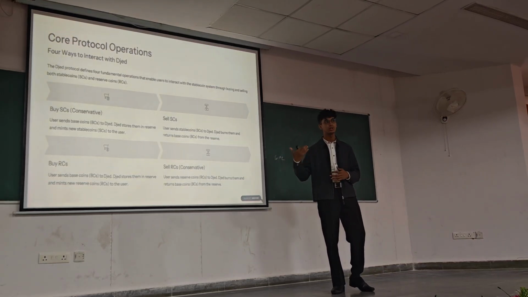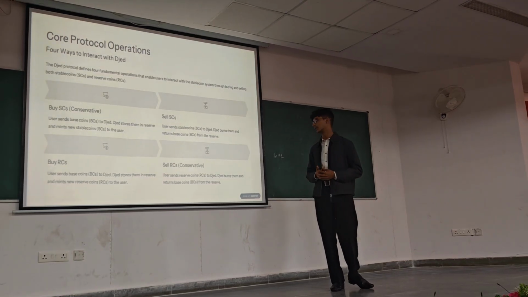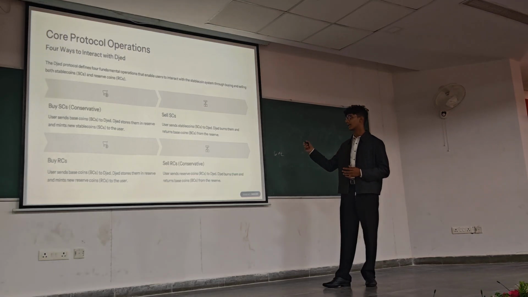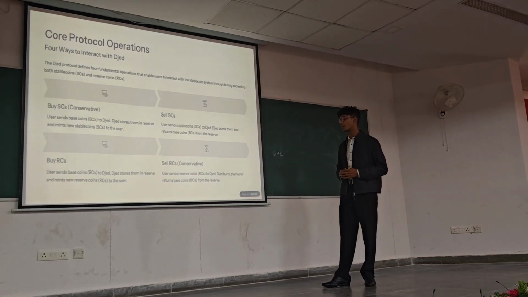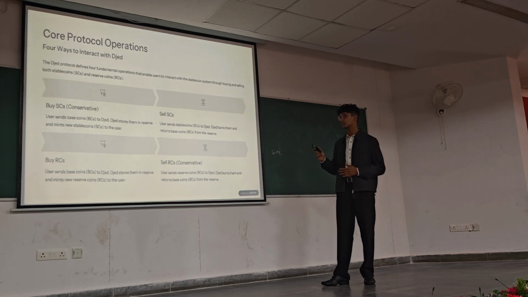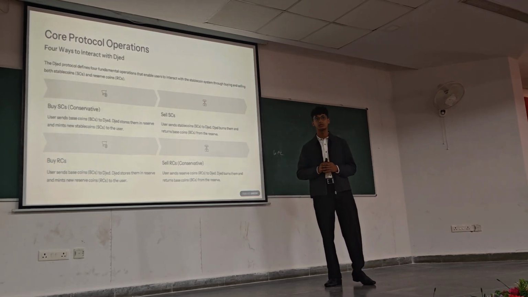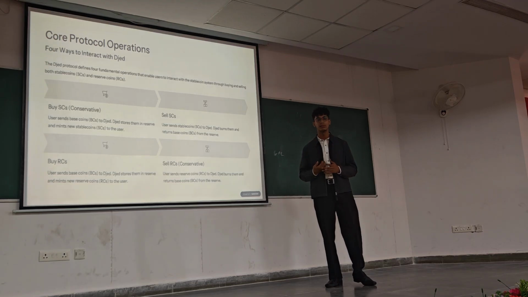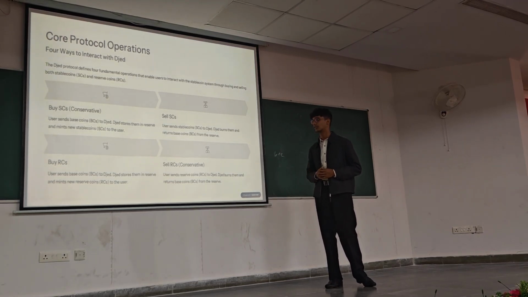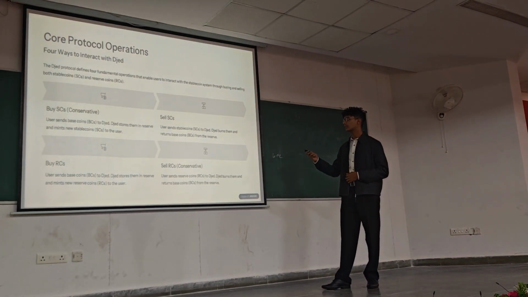So the protocol earns more when the user is selling their reserve coins in place of base coins. The same can be applied to sell stablecoin and buy reserve coin, where we use min price instead of max price. In these two functions also, the protocol benefits because the user earns less as compared to what they paid when they were buying or selling the stablecoin and reserve coin respectively. So I hope this is clear.